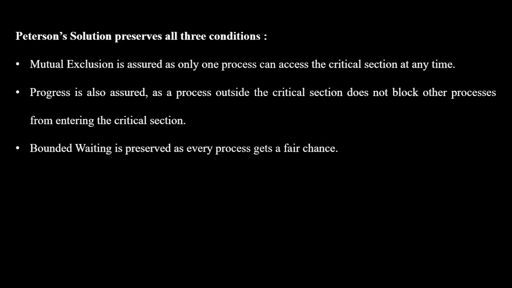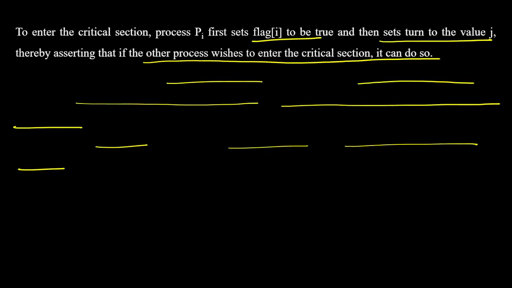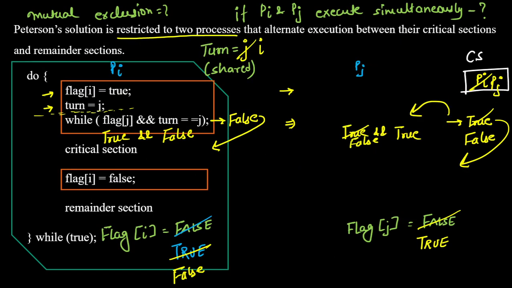Questions from Peterson solution sometimes come, and there's one question in which what they are saying is that they have given you the code. Okay, what they have done, they have given you this code and they have skipped one part. Meaning they have skipped this line. This entire line they have skipped.